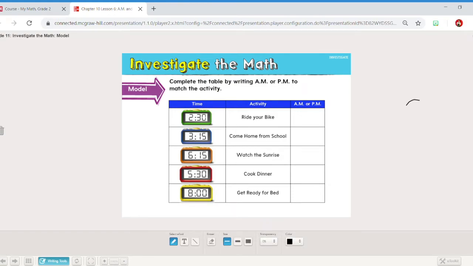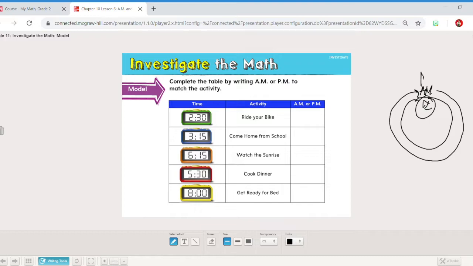So this is where I'm going to tell you that AM and PM is when the clock goes all the way around. So from 12 o'clock midnight, that's in the morning, it goes all the way around the clock until 12 o'clock noon, or as I think of it, lunchtime.